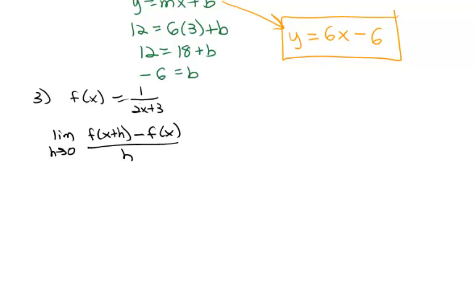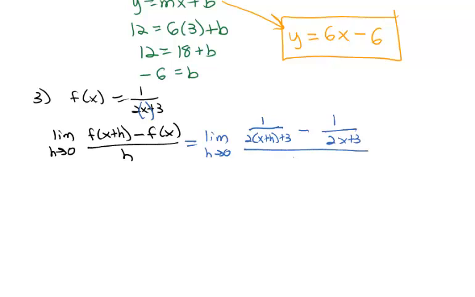And so we're going to plug in for the x plus h. We have the limit as h goes to 0 of 1 over 2 times x plus h plus 3, minus the entire function, which is 1 over 2x plus 3, all over h.